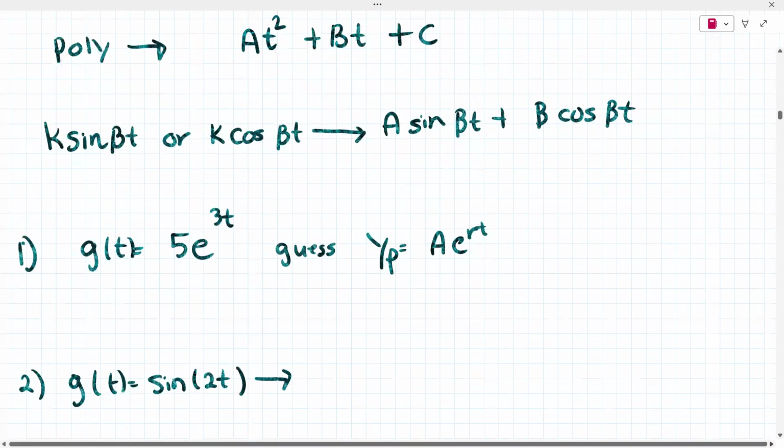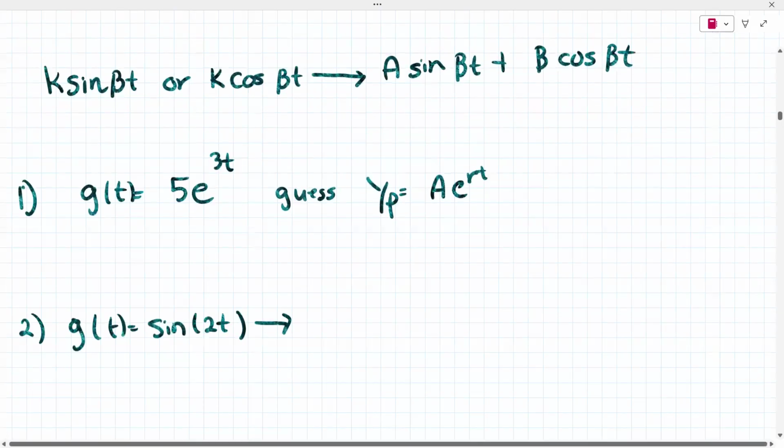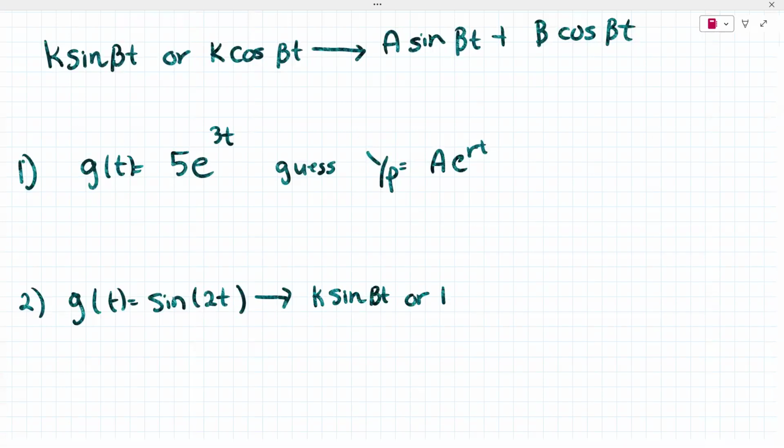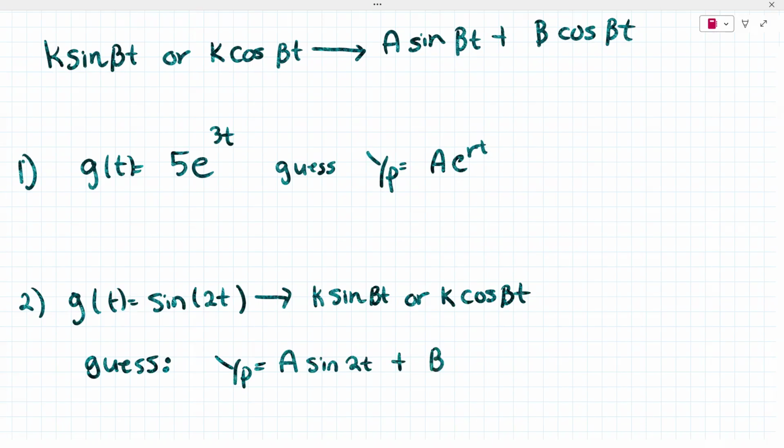So our guess would be yp equals a sin of 2t plus b cosine 2t.